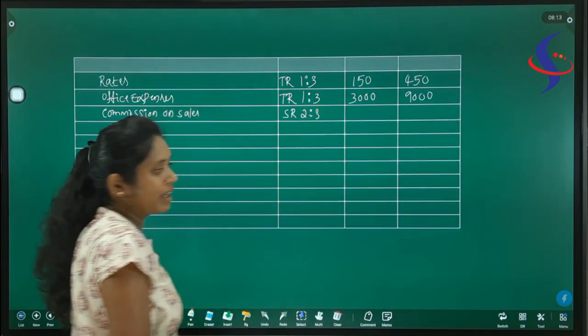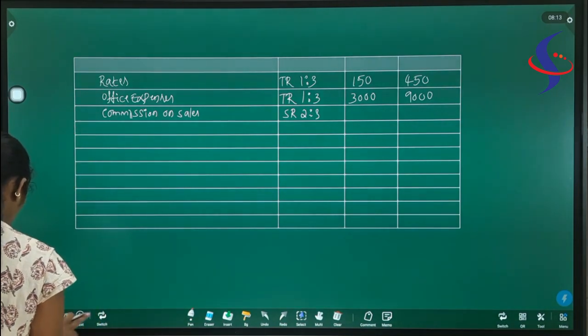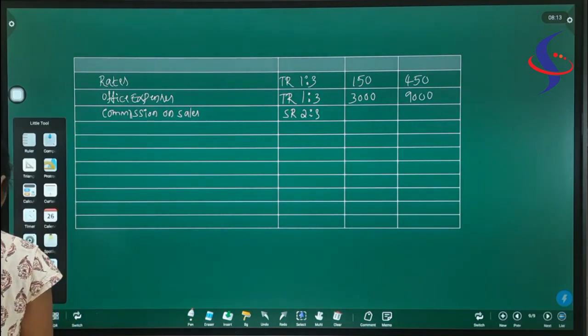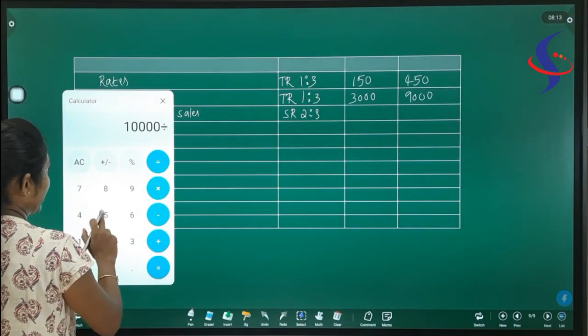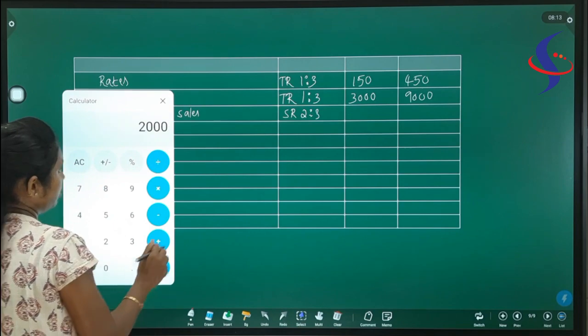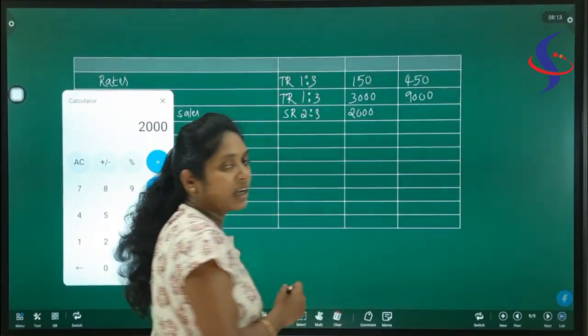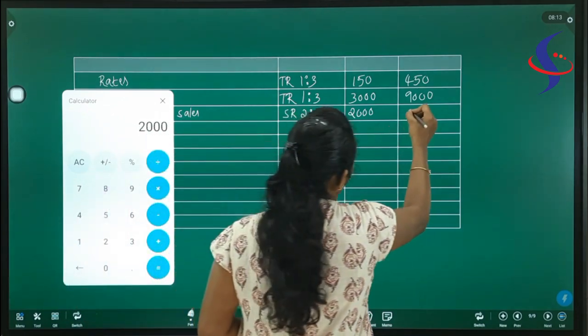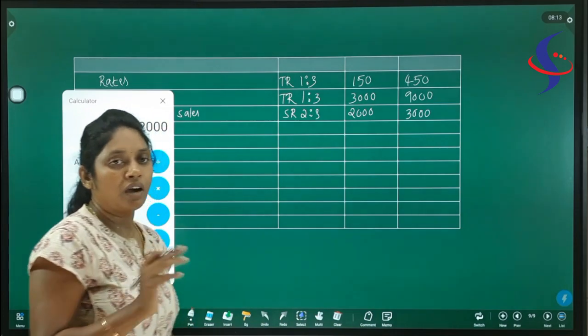We calculated it already, no working note needed. 5,000 into 2 divided by 5 is 2,000. If 2,000 comes for the prior period, the remaining 3,000 will come for the after period.